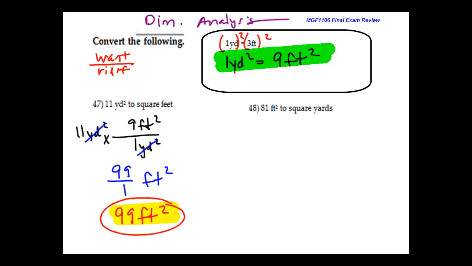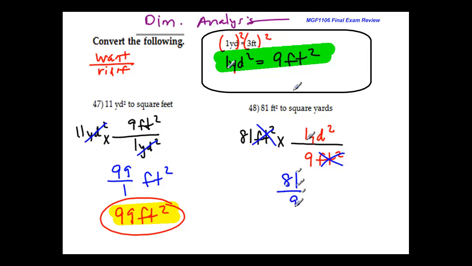Going to 48, we're starting with 81 feet squared. So what we want is a yard squared. We put in the top. What we want to get rid of, the 9 feet squared, we put in the denominator. So double check. These cancel directly. 81 times 1 is 81, divided by 9.